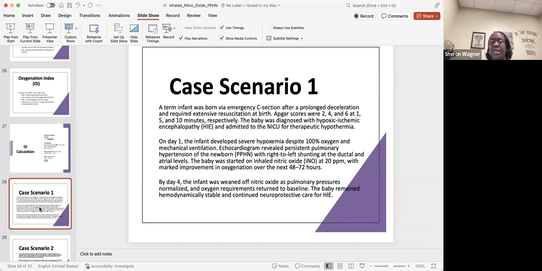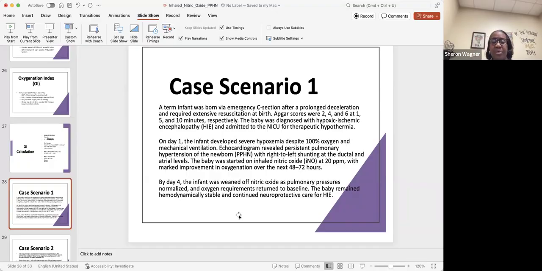The baby was started on nitric oxide at 20 parts per million with marked improvement in oxygenation over the next 48 to 72 hours. By day of life 4, the baby was weaned off nitric oxide as the pulmonary pressures normalized and oxygen requirements returned to baseline. The baby remained hemodynamically stable and continued supportive care for HIE.